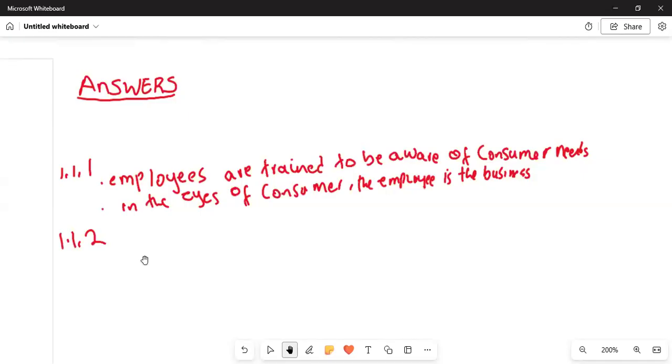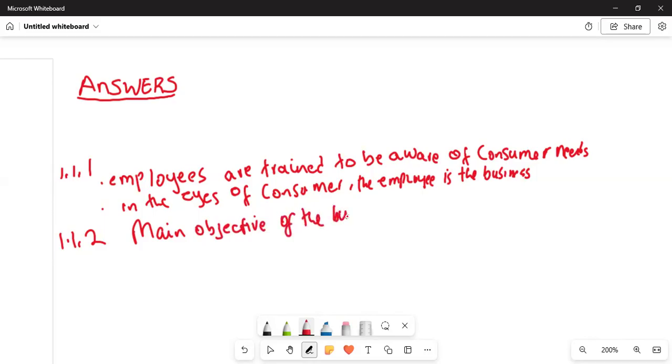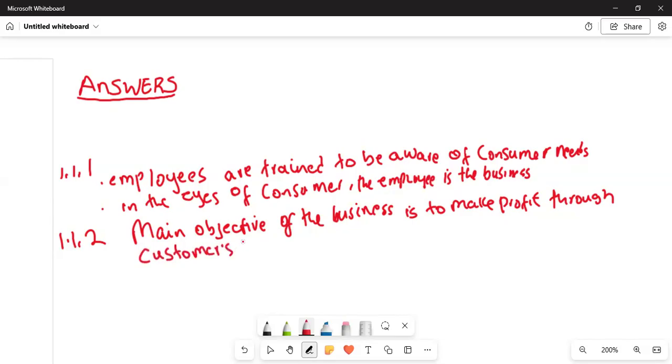With objective orientation, we are simply saying the main objective of the business is to make profit through customers' needs satisfaction.